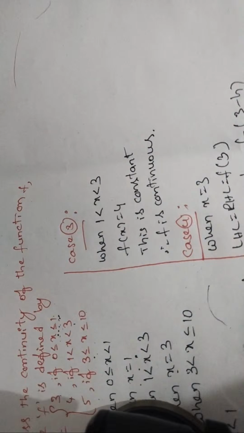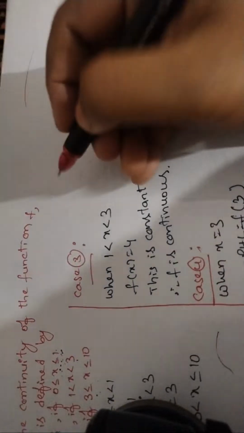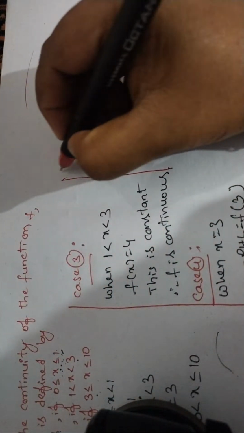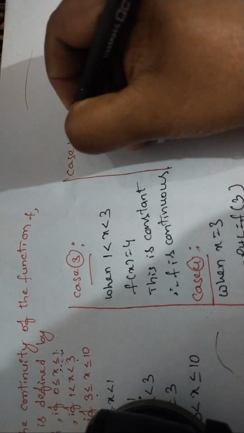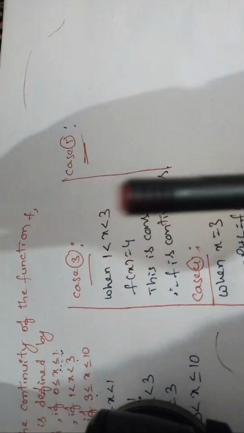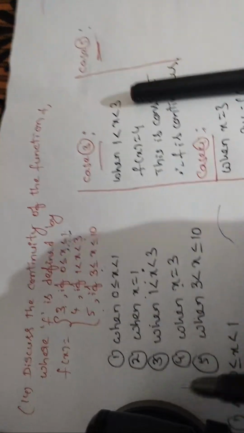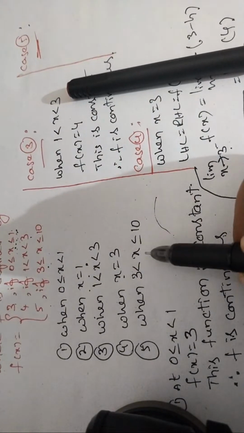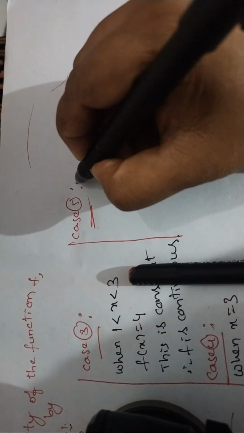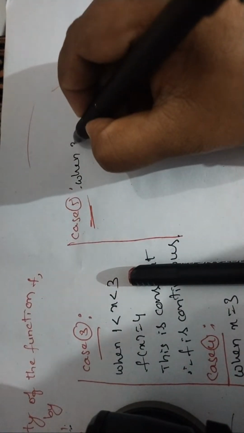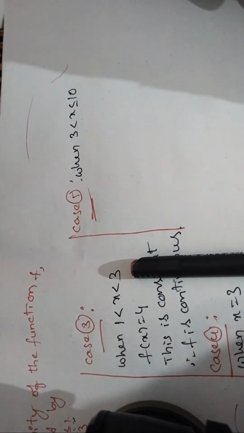Next, fifth case. What is the fifth case? When 3 less than x less than or equal to 10.